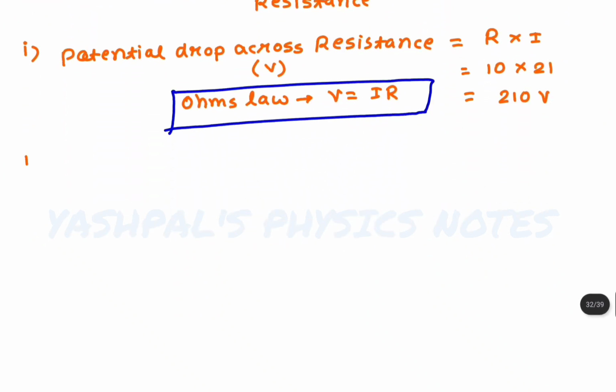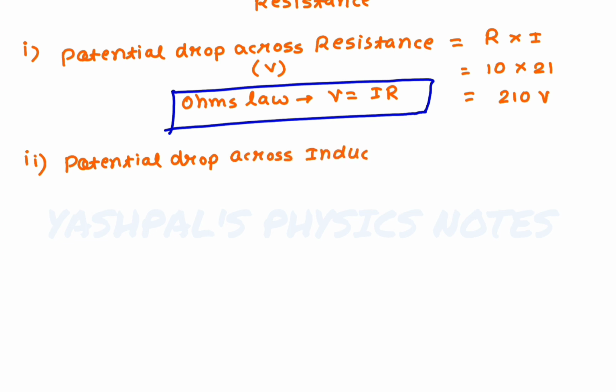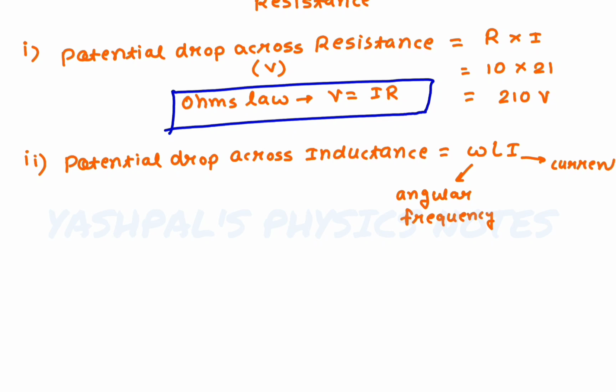Now in the next step, potential drop across inductance, and its formula is given by omega L into I. Here omega is angular frequency, I is current and L is inductance.